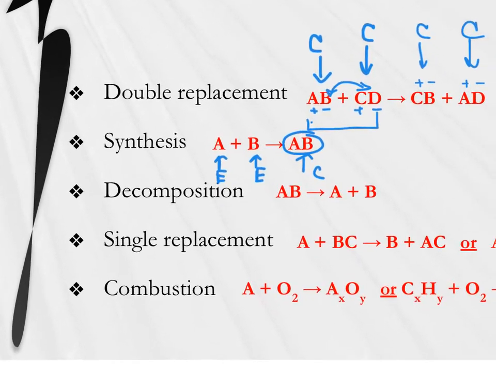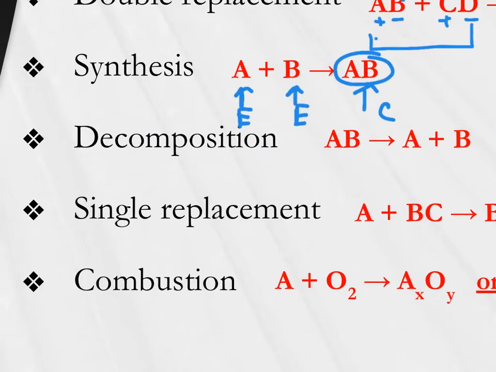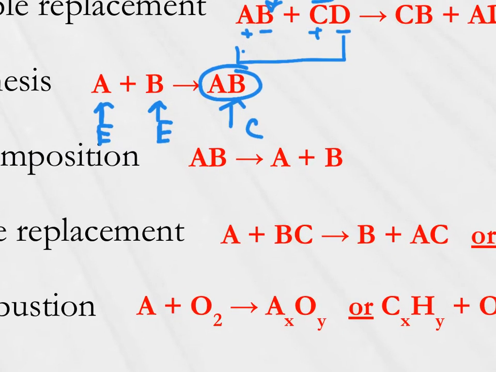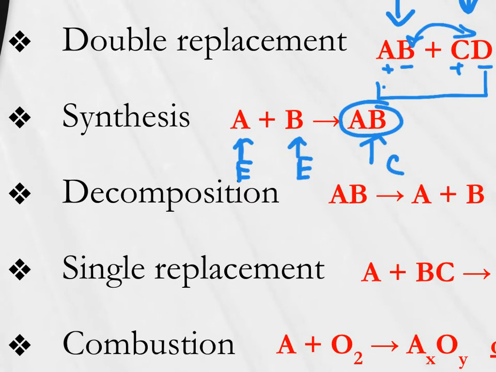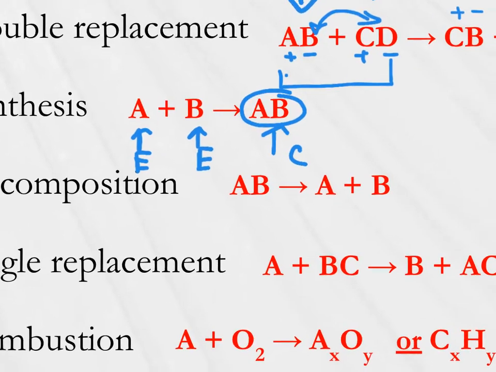All right, decomposition. What do you think of when you think of something decomposing? Don't you think of it like breaking down? Look at the difference between the synthesis and the decomposition. How are they similar? Aren't they just flip-flop from each other? This is two elements forming a compound.